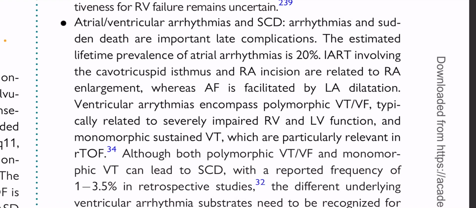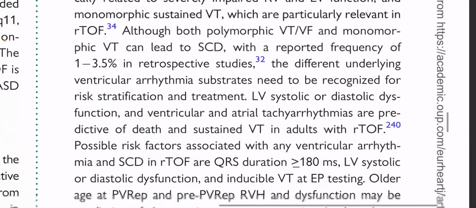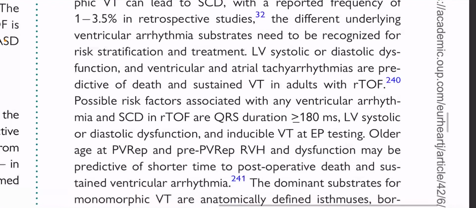Both polymorphic VT-VF and monomorphic VT can lead to sudden cardiac death, with a reported frequency of 1 to 3.5% in retrospective studies. The different underlying ventricular arrhythmia substrates need to be recognized for risk stratification and treatment.